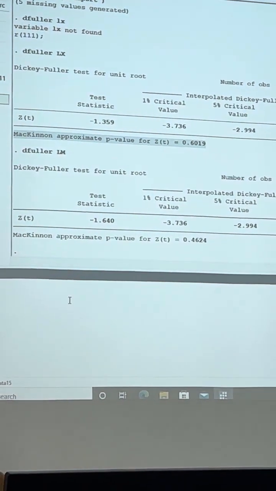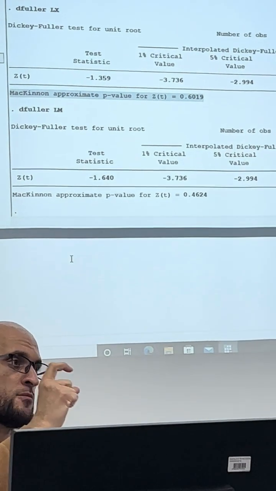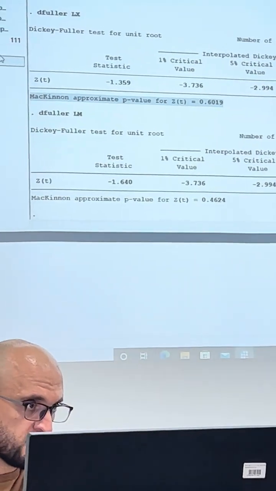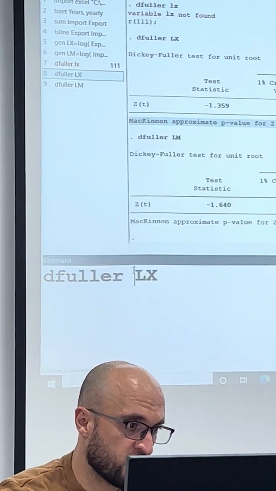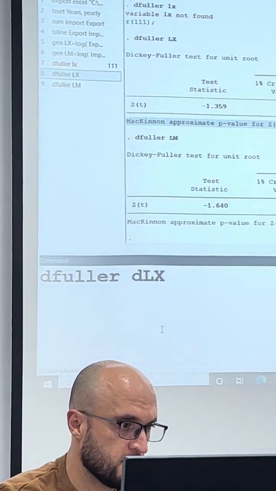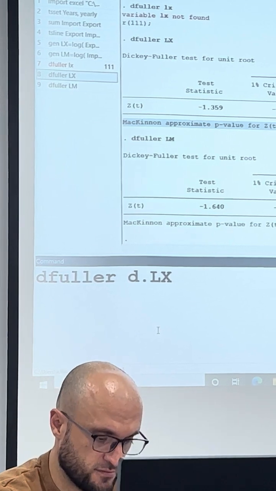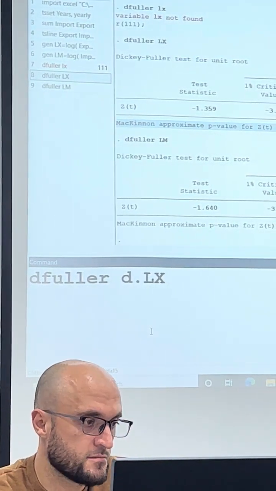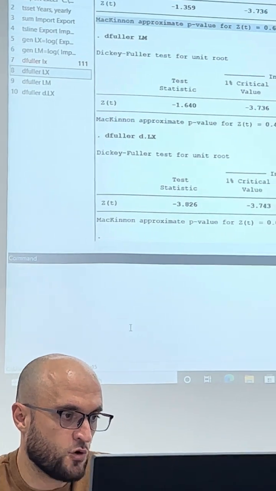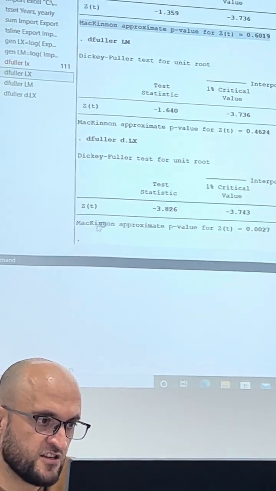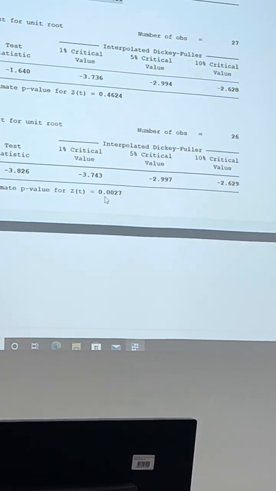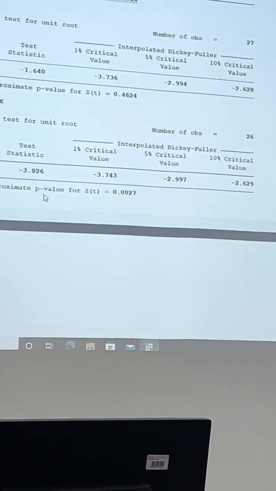You continue with all the variables. Taking the difference will reduce the number of observations. Same thing, like you are running Dickey-Fuller, but with one addition, the differencing operator. So we can see that taking one difference makes it stationary, integrated of order 1.